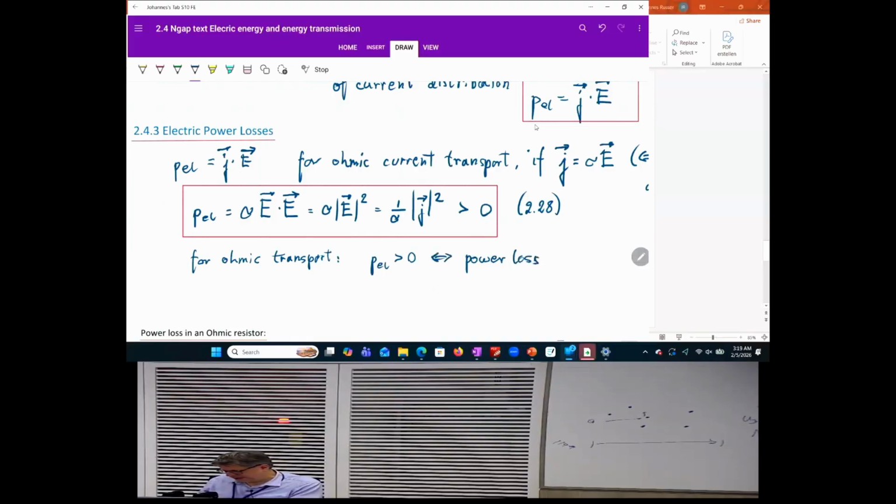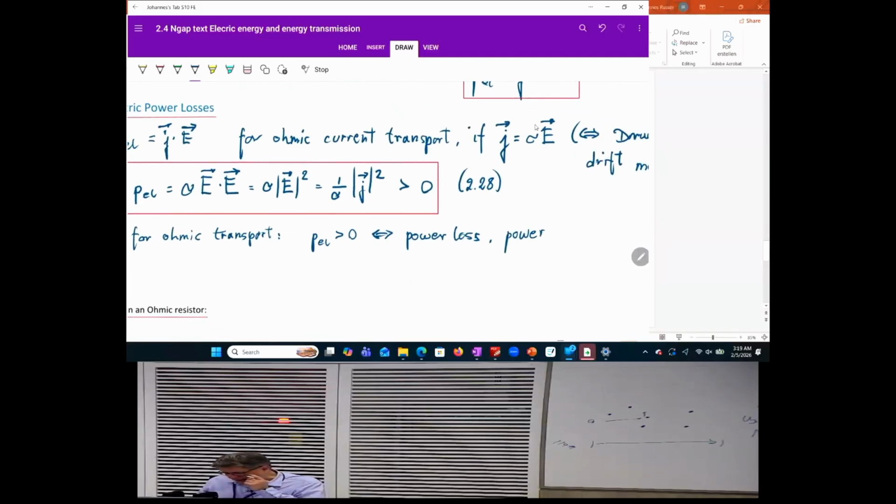And this is what we have, for example, in the scenario of the power distribution we had in the beginning. We have a power generator and we have a power consumer, and somehow we have to get that power there. So we have a power line that is connecting the consumer with the generator, and in this power line, but not only there but also in the consumer, you will have some ohmic losses.